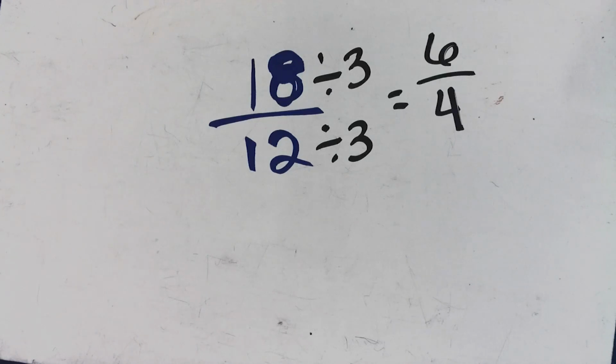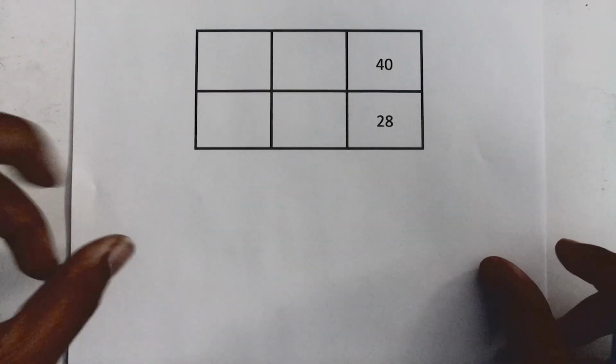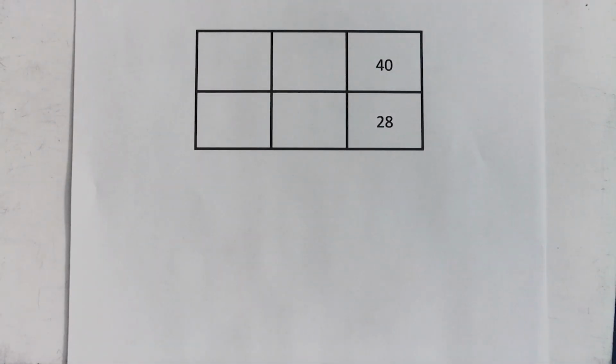Complete the table using division to find the ratios that are equivalent to 40 to 28. So let me put up my table. Again, I want you to complete this table using division to find the ratios that are equivalent to 40 to 28.